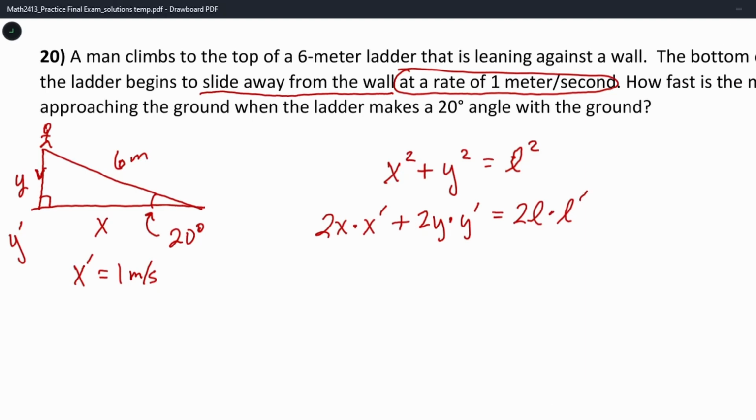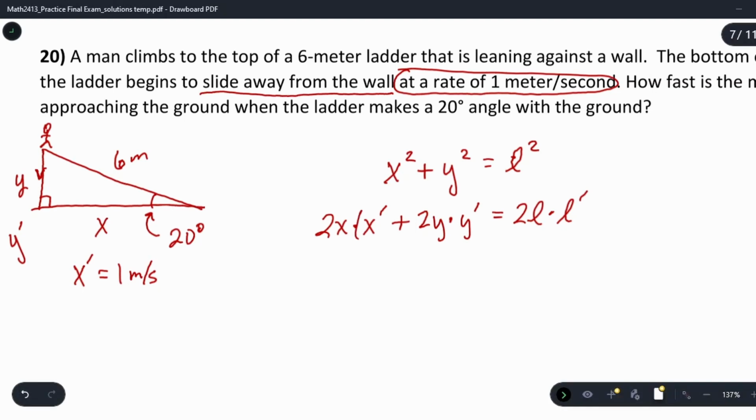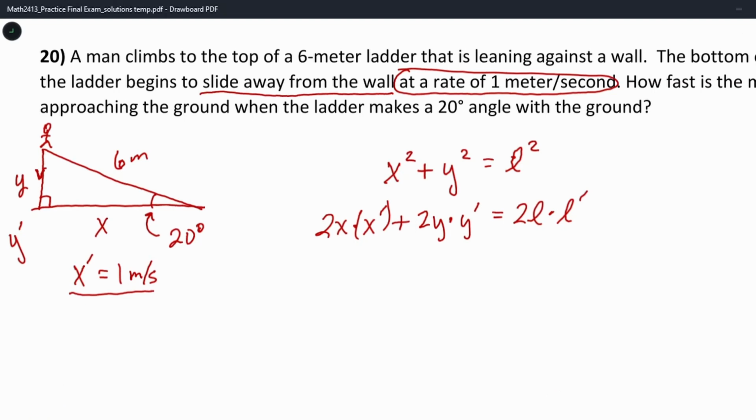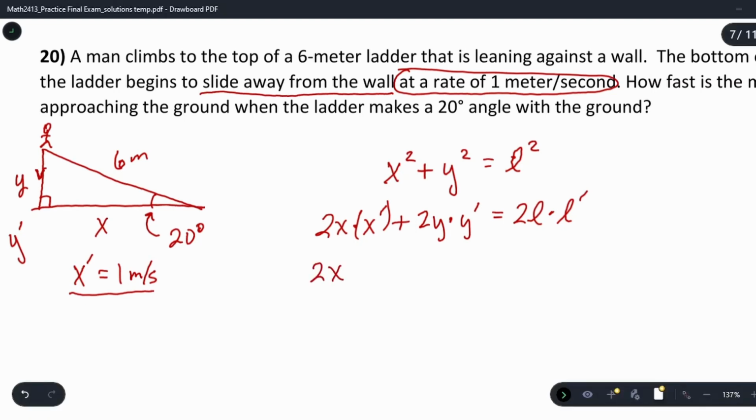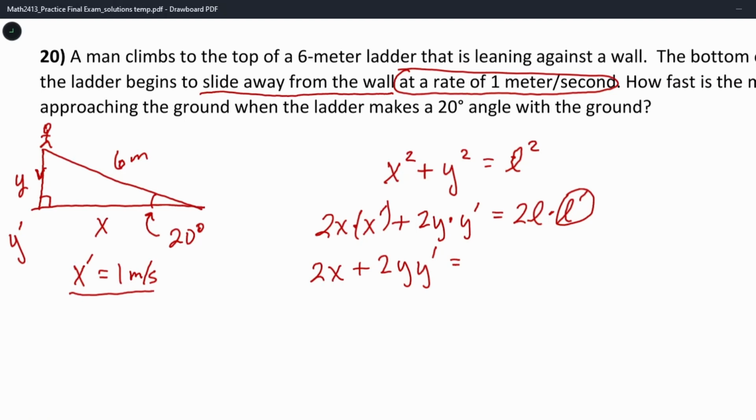Then we're going to plug in for the pieces we know. We know that x prime, the rate of change of that side, is 1, so that will simplify to just 2x. Then 2y, y prime, I don't know any of those values yet. And the rate of change of the ladder: the ladder doesn't change length as it slides down the wall.